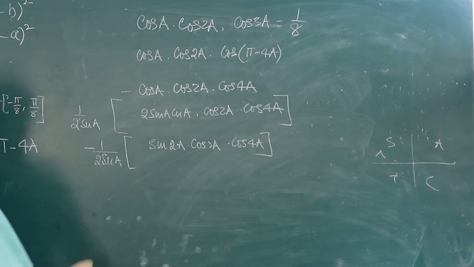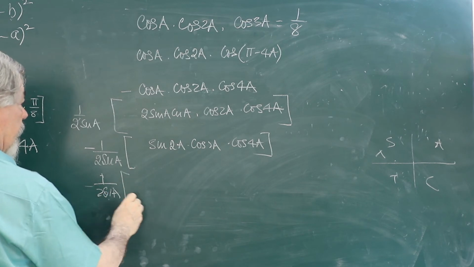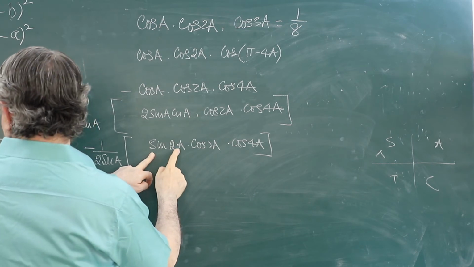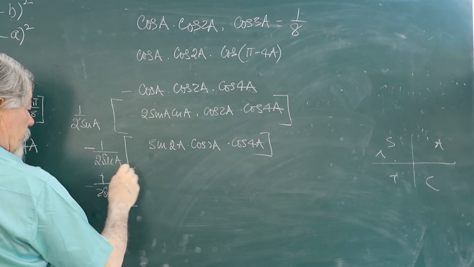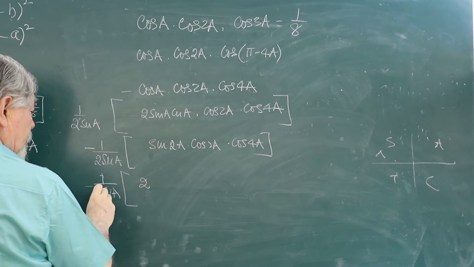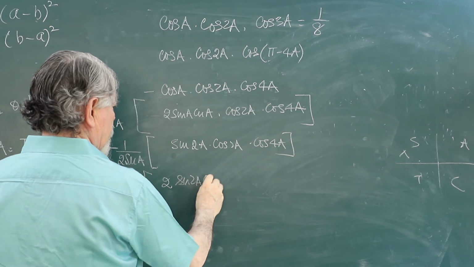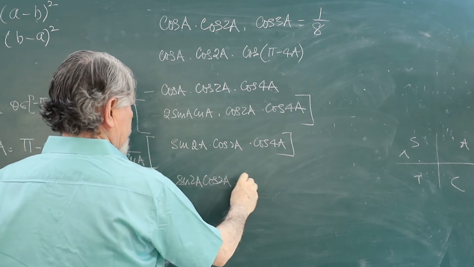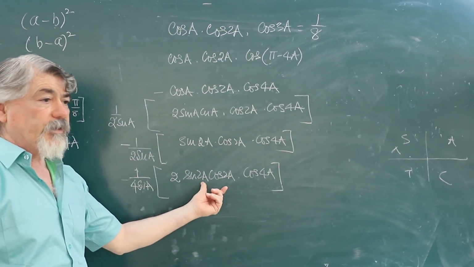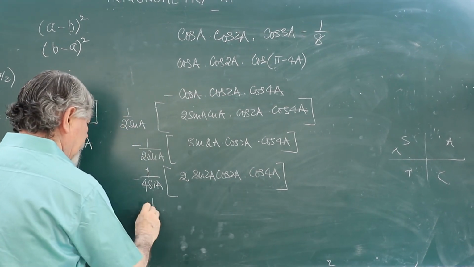Now minus 1 upon 2 sin A, again multiplied by 2, so I'll have to divide by 2 also, it will become 4 sin A. So 2 sin 2A cos 2A cos 4A. 2 sin 2A cos 2A will become sin 4A.